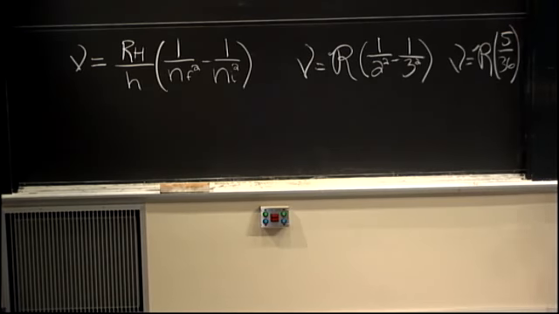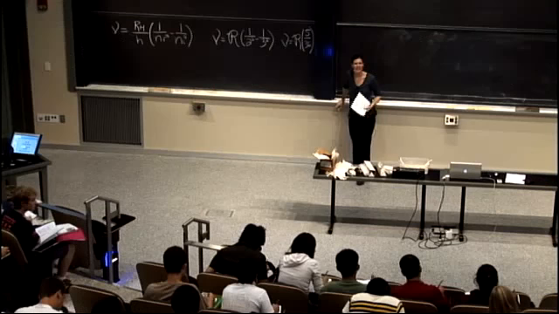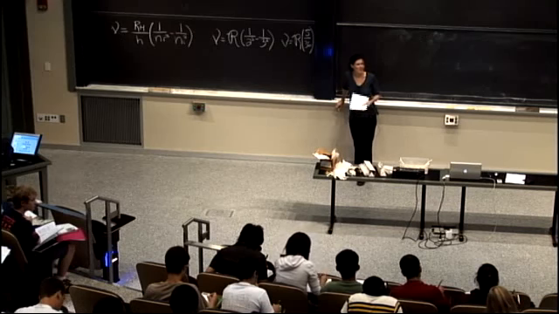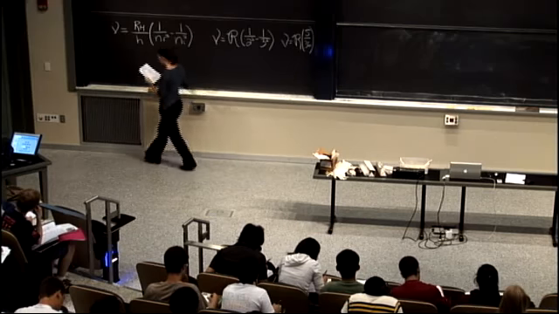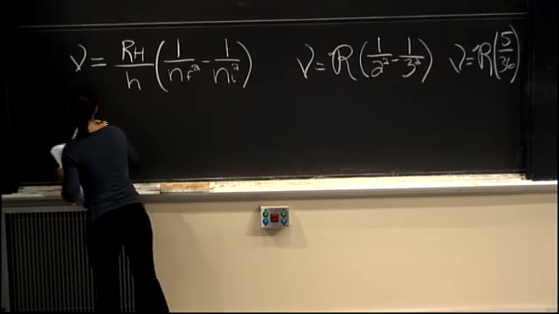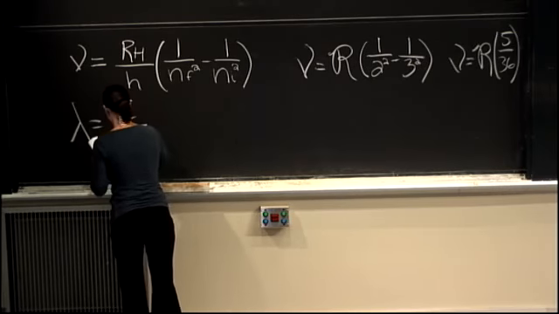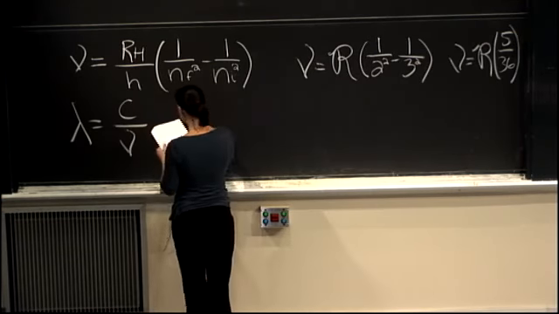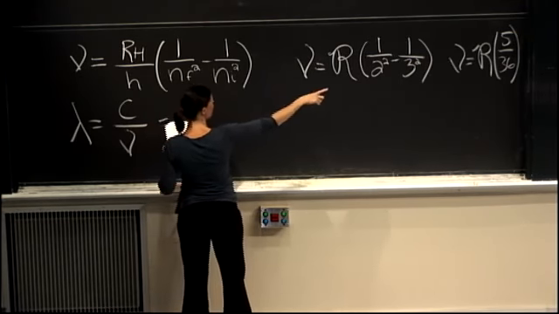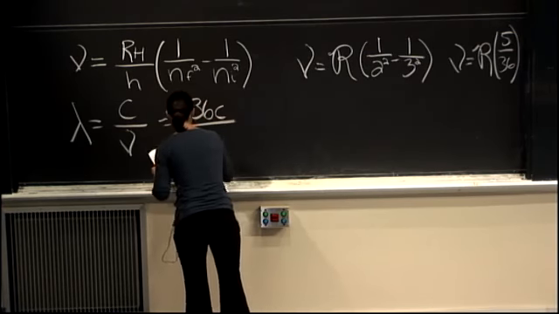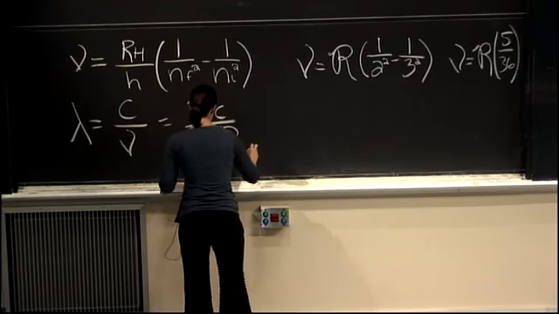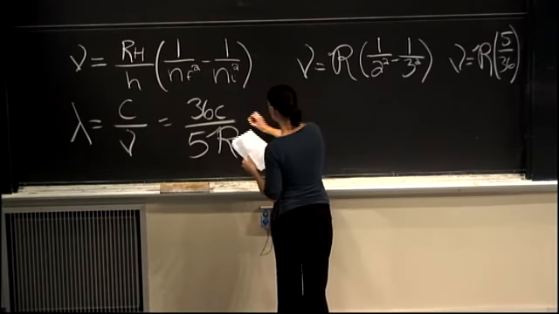But when we were actually looking at our different wavelengths, what we associate mostly with color is the wavelength of the light and not the frequency of the light. So let's look at wavelength instead. We know that wavelength is equal to c over nu. We can plug in what we have for nu. So we have 36c divided by 5 times that cursive Rydberg constant.